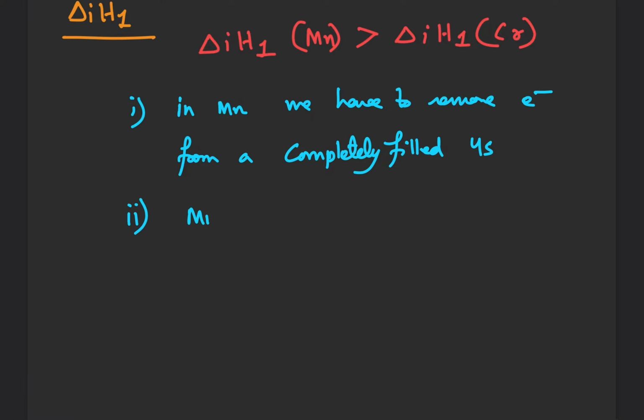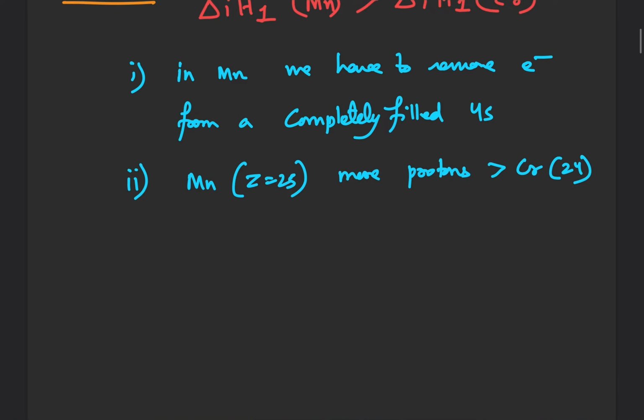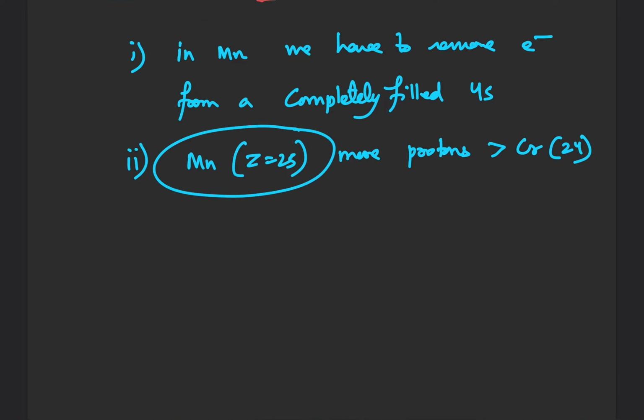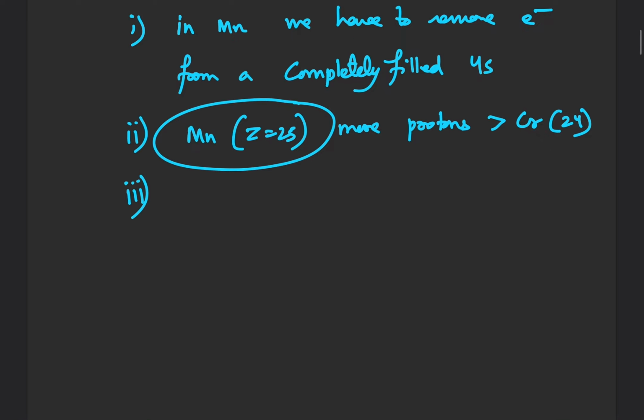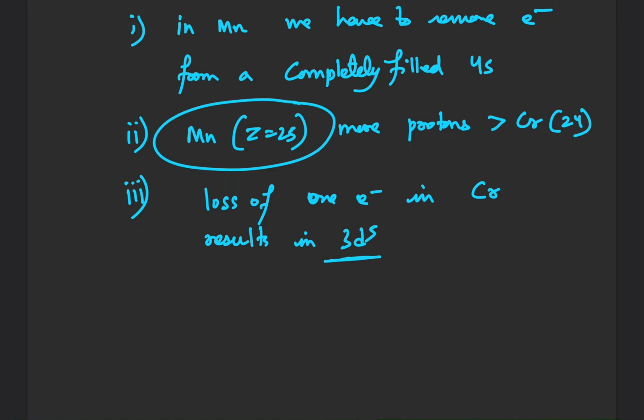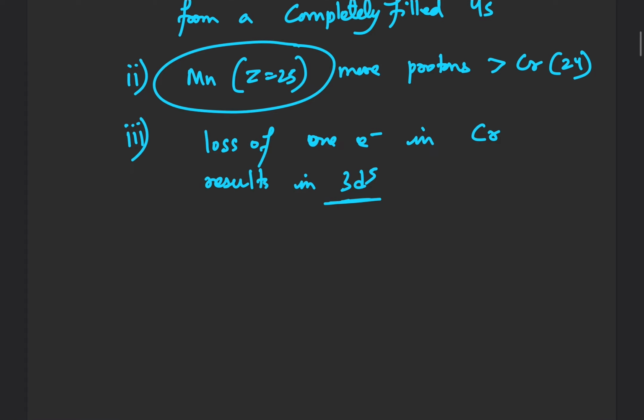Second reason is Mn has atomic number 25, so more protons than chromium, whose atomic number is 24. So therefore the effective nuclear charge will be more in the case of Mn. And third, chromium has low because loss of one electron in Cr results in 3d5, which is an exceptionally stable configuration.